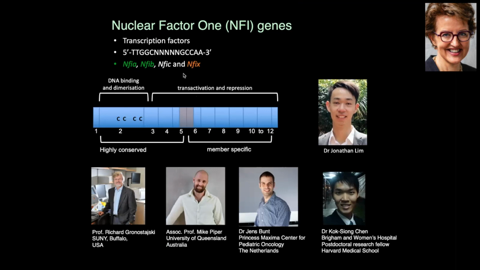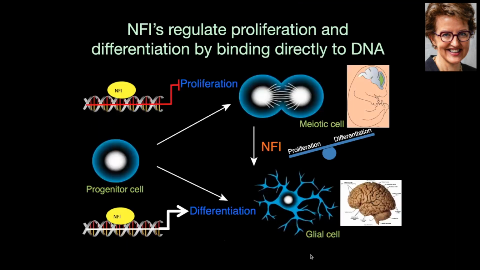And as I mentioned, they're transcription factors, so they bind DNA and regulate suites of downstream genes. Their principal function that we've identified is to regulate this balance of proliferation and differentiation. So they actually play a role in switching off proliferation.